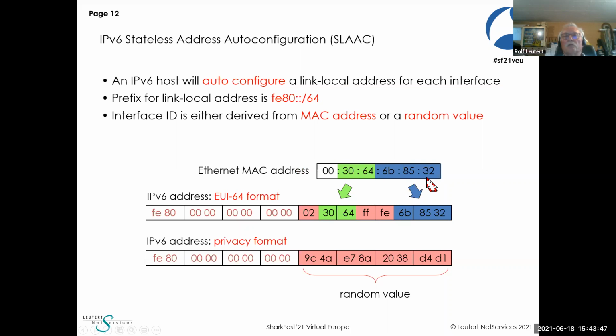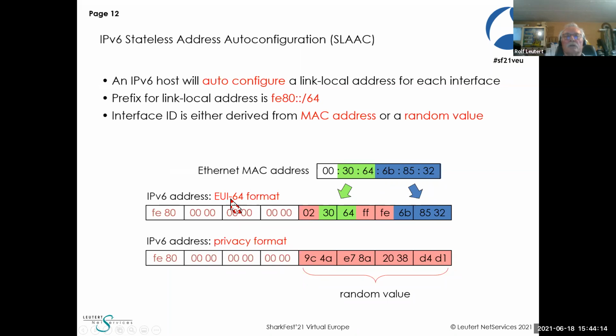So it takes part of the address and puts it in a strange manner, with the fixed FFFE in the middle. And the other way is just random. Select an address with a random generator. Of course, this address has to be verified on the local net. It's only local, which will be done. Both addresses will be verified anyway.